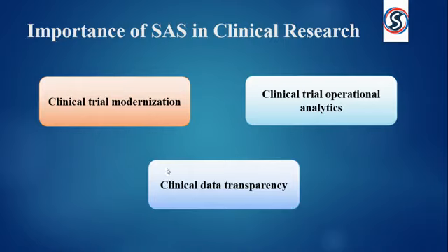Third, the third importance of SAS in clinical research is clinical data transparency. So here we use industry leading clinical data transparency to share the clinical research with external researchers for secondary analysis and advancement of new discoveries.